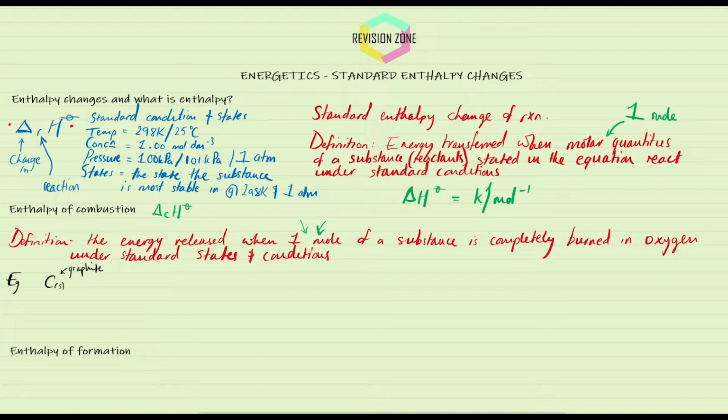In exam papers these days, they don't tend to get you to find these values anymore. They tend to just give it to you in the actual question itself. Now we're going to react that with oxygen gas. Because it's complete combustion, this is going to give us carbon dioxide gas.